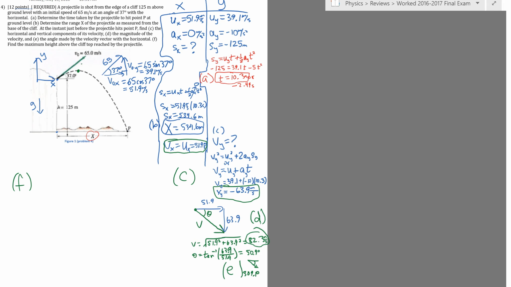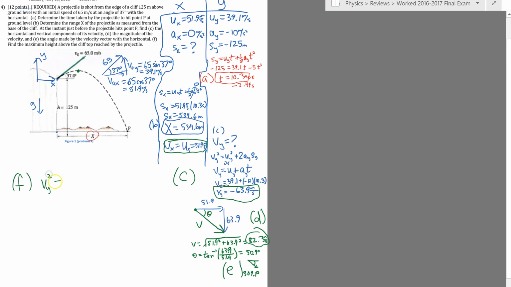Just like if you took a stone or a baseball and threw it straight up, at the top of its path, it momentarily switches from going up to going down. So in one instant, it has 0 velocity, and then it starts coming back down. So wherever the final y velocity is 0, that will be the top of the path.